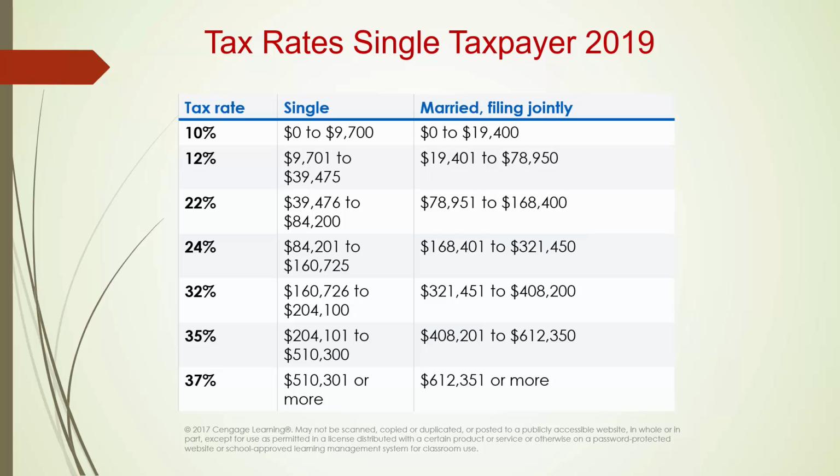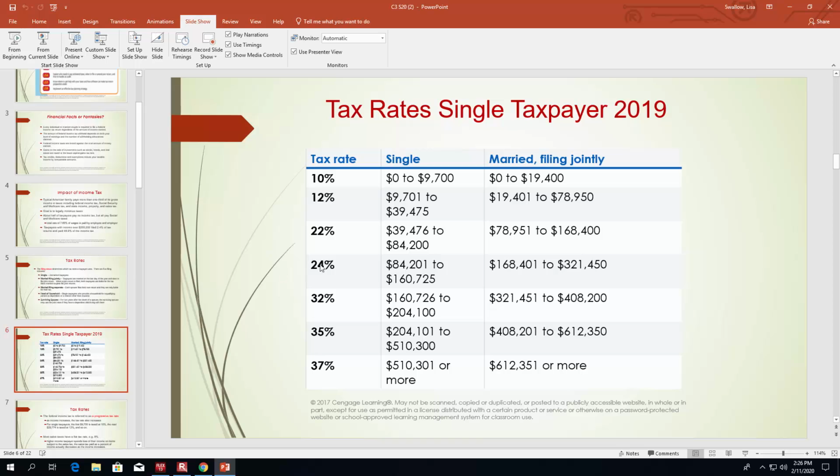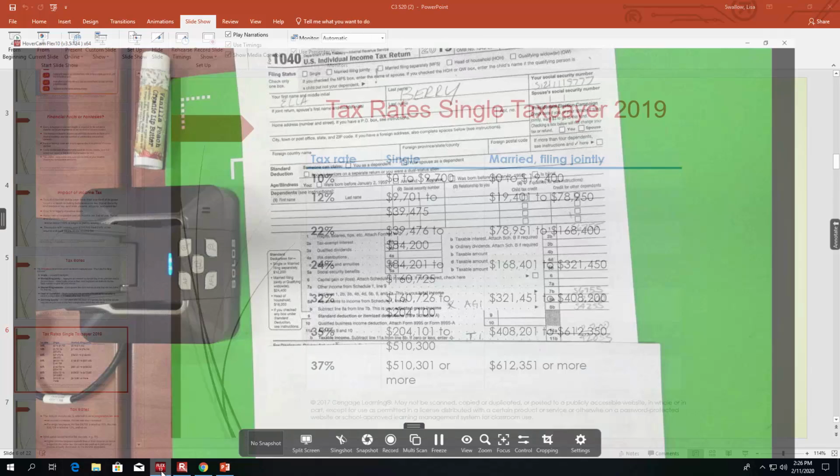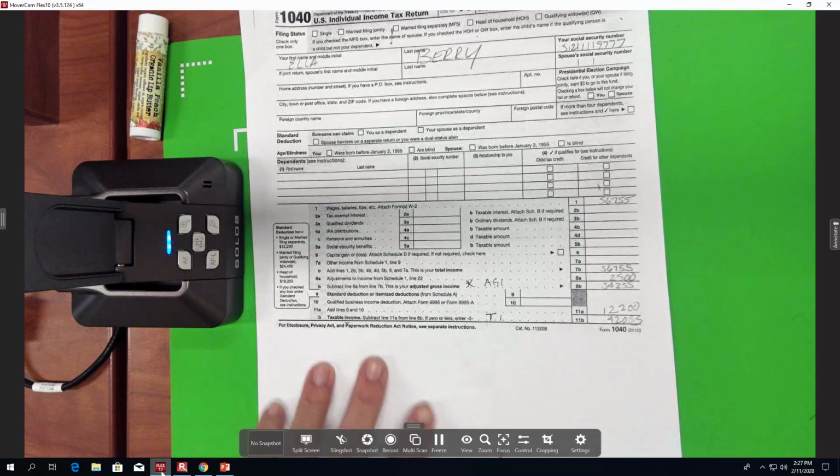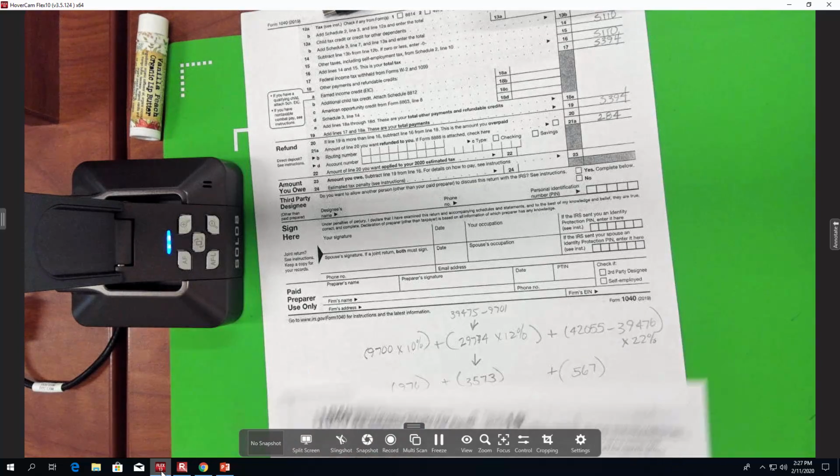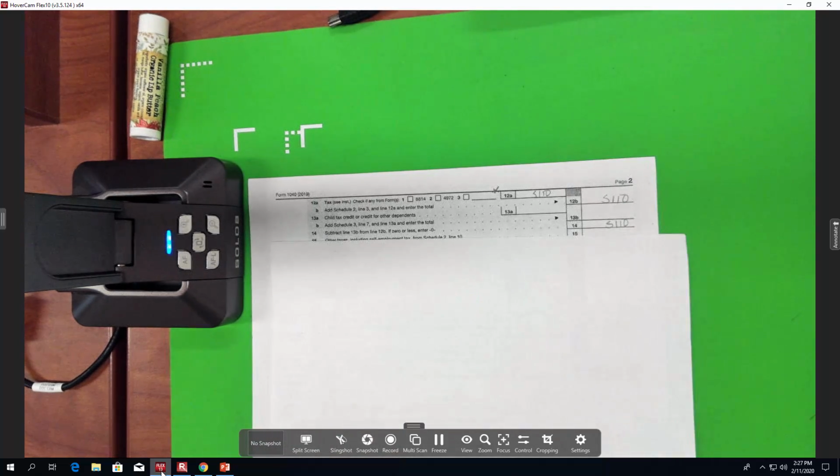And then the amount over 39,476 is taxable at 22%. So I think on the next page, here's that math down there. And what I got to when I did that math was $5,110.